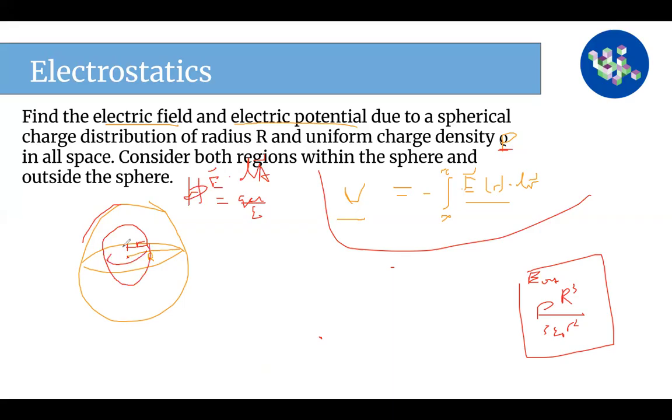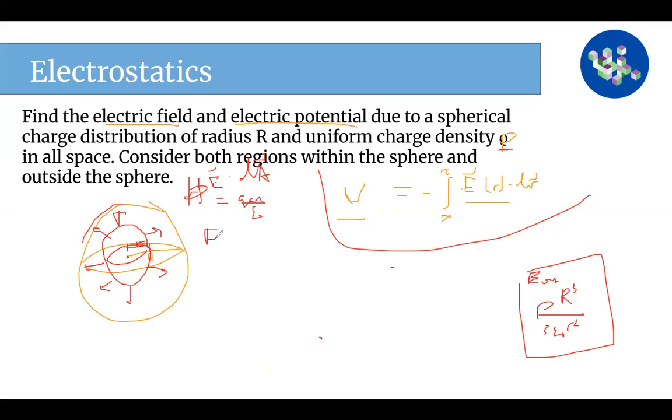If I choose my surface to integrate on as this inner sphere, the electric field points radially outward, and it's parallel to the dA vector, meaning I can change the dot product into a scalar product of the two magnitudes.